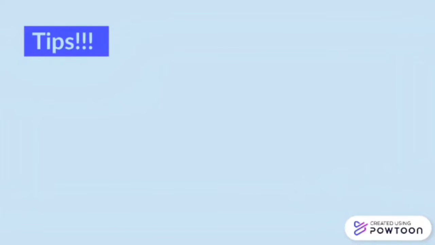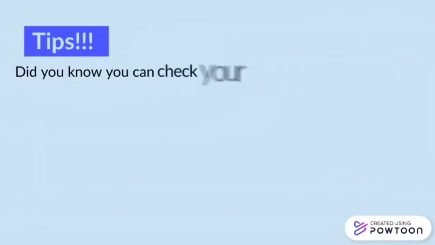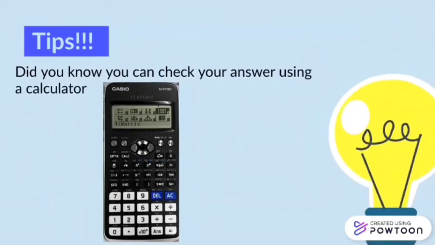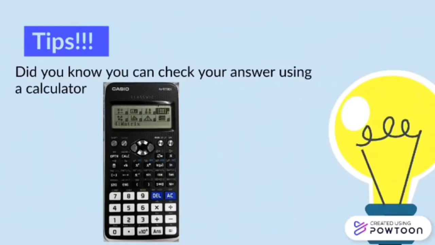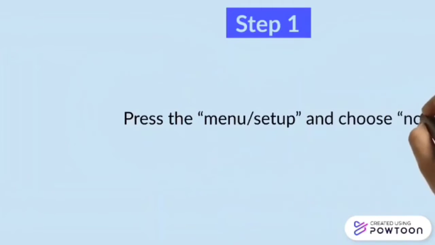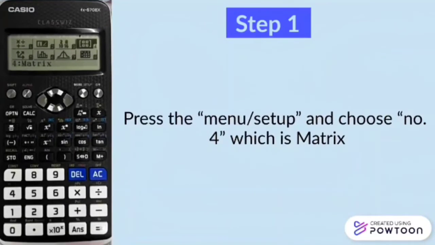Here is another tip. Did you know that you can check your answer using a calculator? Step 1, you can press the button menu or setup and choose number 4 which is matrix on your calculator.